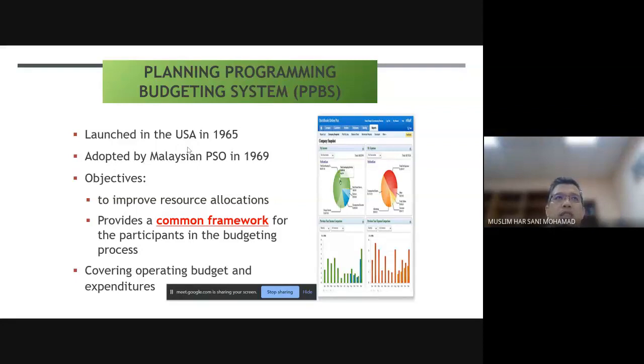I think this budget program was promoted by the World Bank so that it would be adopted across the globe. Governments learn from each other, the best practices, particularly from the funding countries, the donor countries. They provide the support so that countries can develop and have a better system.